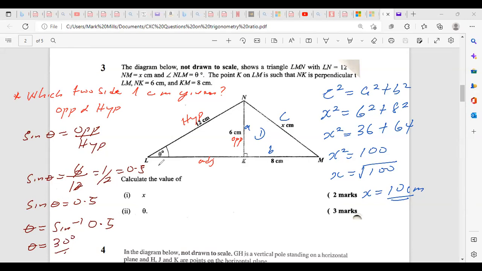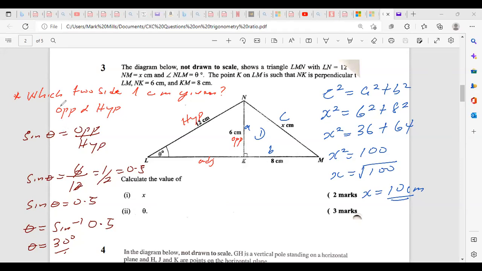So that is it. Look at how many marks this is: 2 marks for the Pythagoras theorem question, then 3 marks for the trig ratio question. So easy 5 marks if you know what you are doing.